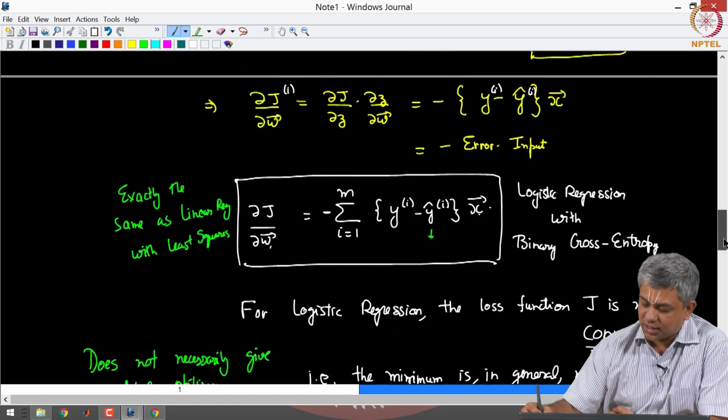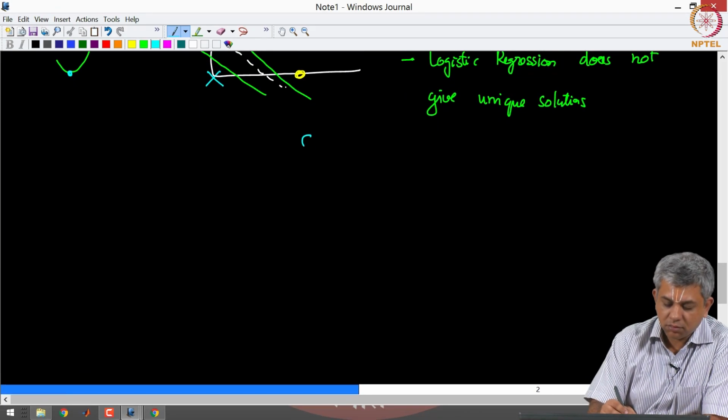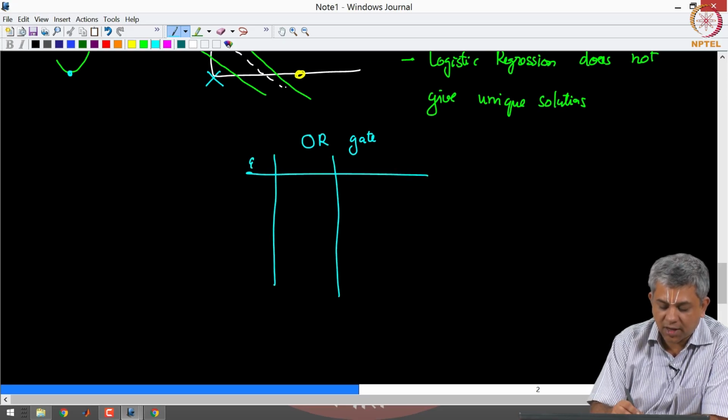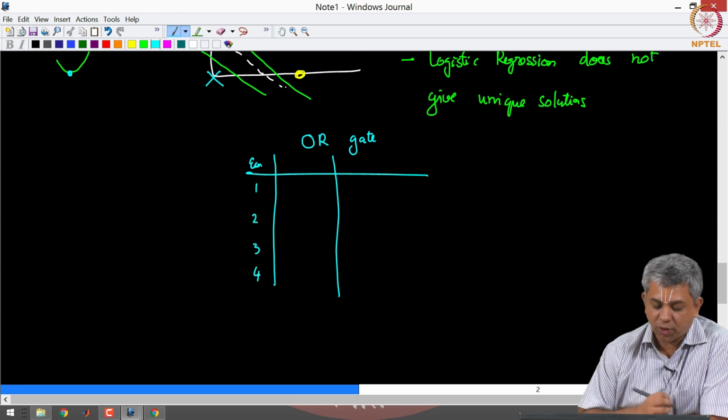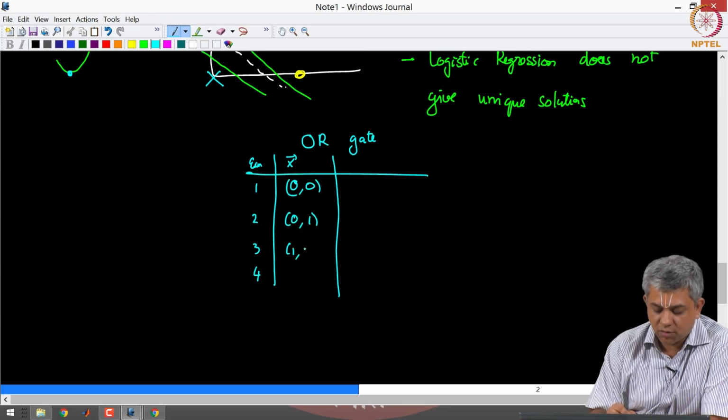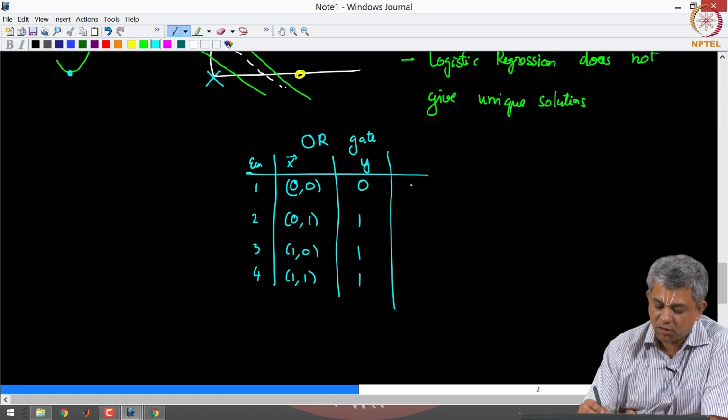I will take the simple example of the OR gate, and in this case, we will start with once again our example 1, 2, 3, 4. We will treat it as 4 data points and an x vector which was 0 0, 0 1, 1 0, 1 1, and we have our ground truth which was 0 1 1 1.